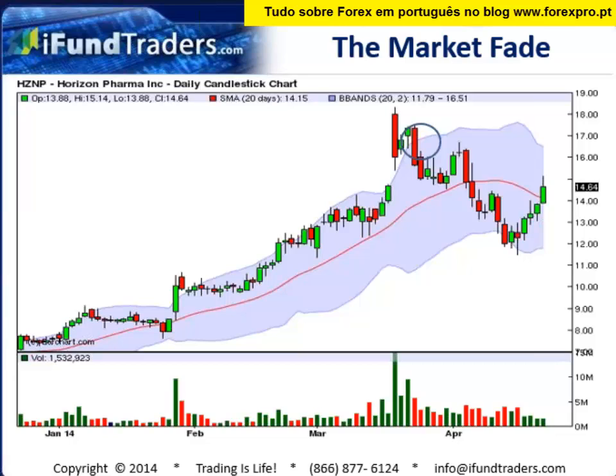Outside of the upper Bollinger Band, distance away from the 20-period moving average. We can get there, we can't stay there. Snapback is imminent. Right? It's simple and elegant.